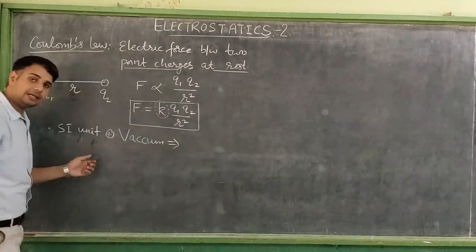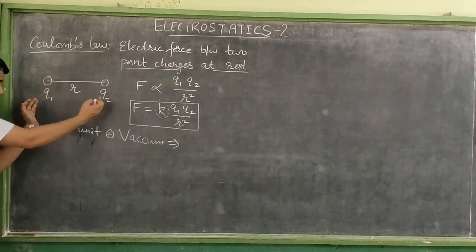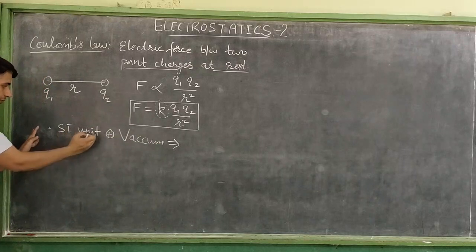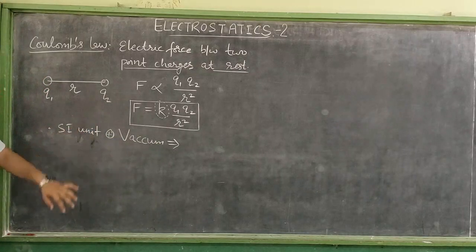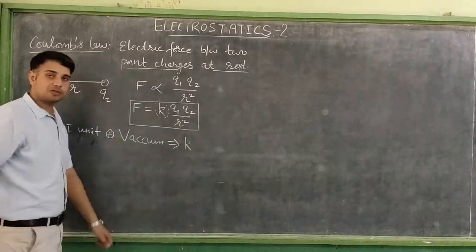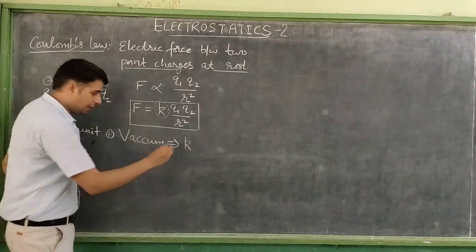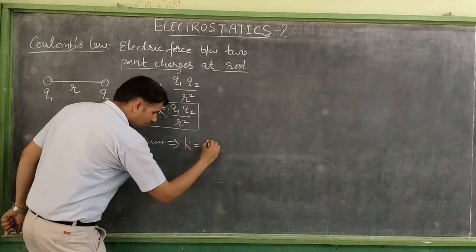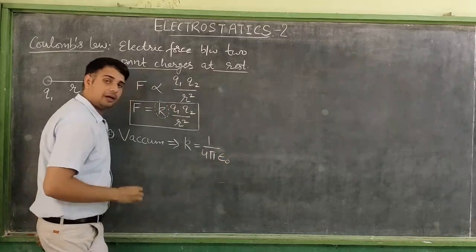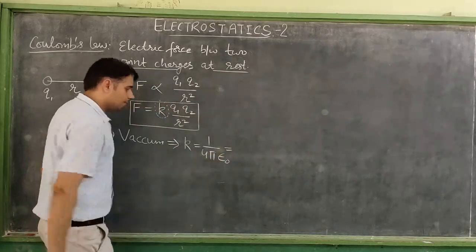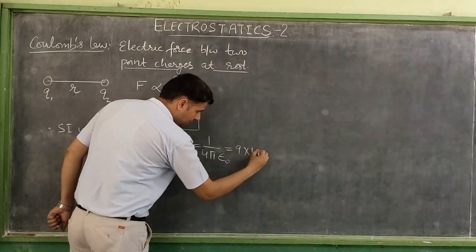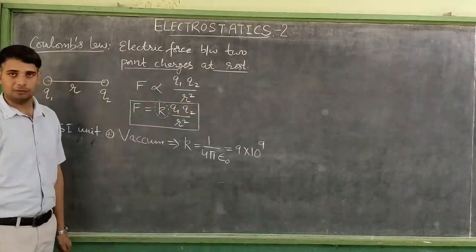Under these circumstances, when two point charges are placed in vacuum and the system of units is SI, the value of this proportionality constant k is 1 divided by 4 pi epsilon naught, which is mathematically equal to 9 into 10 raised to power 9 in magnitude.